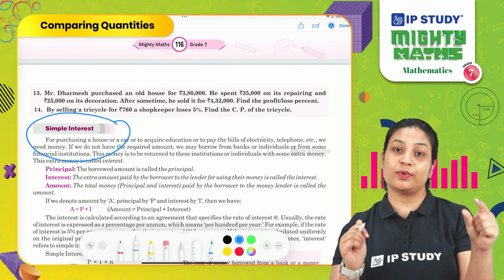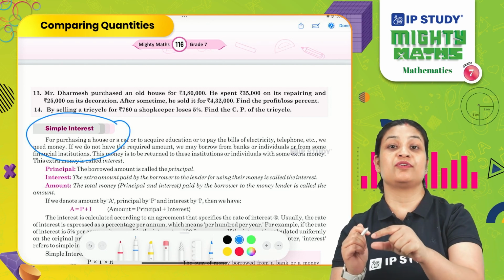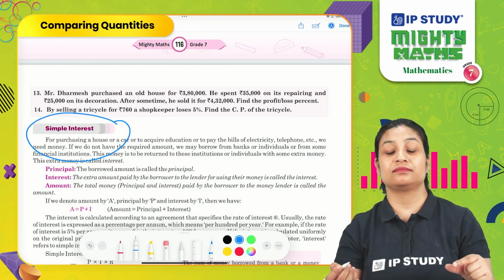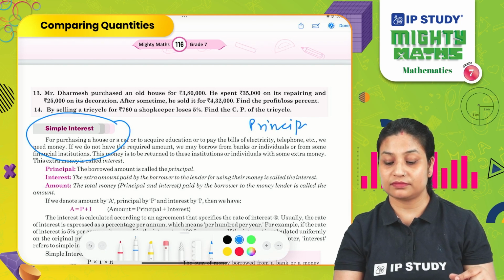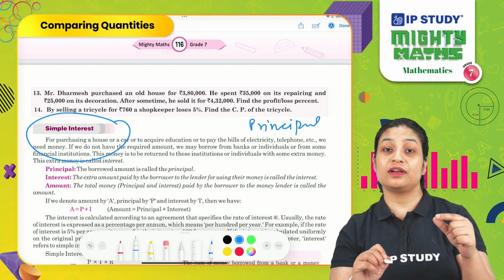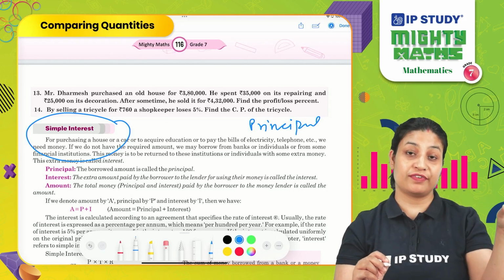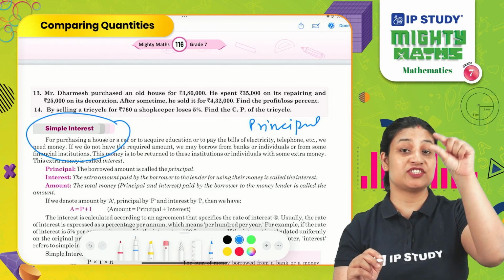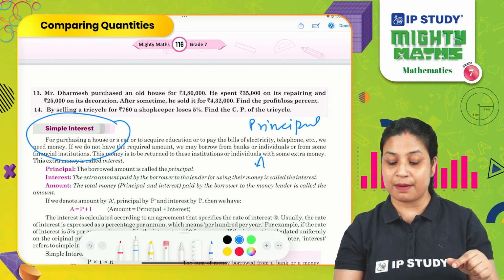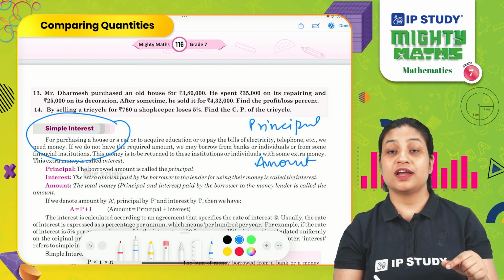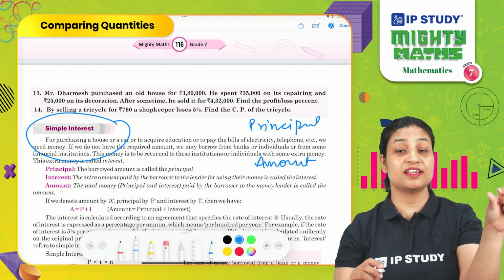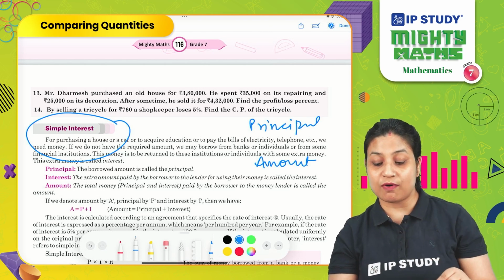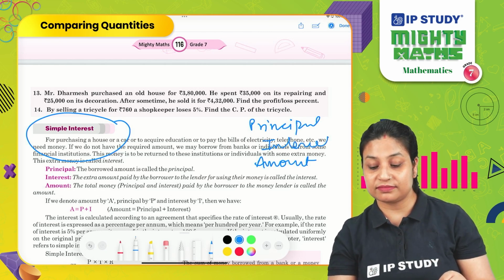So whatever amount you have taken from your friend is called principal. Whatever amount you are going to pay your friend, including that extra money, is called amount. And that extra money that you are going to pay to your friend along with the money that you have borrowed from him is called interest.